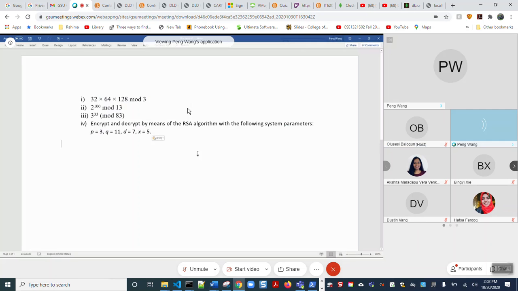For the first one, we can just do the calculation. 32 mod 3 equals 1, and 64 mod 3 equals 2, and 128 mod 3 equals 2. So the result is 1 times 2 times 2 mod 3, which equals 1.